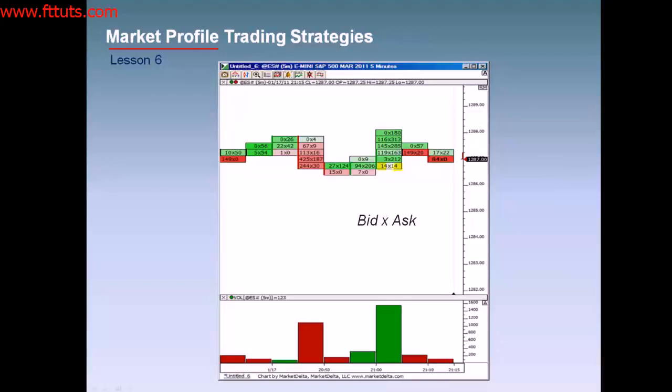So at each of these price levels, I have X-ray vision. I can take a look and tell you during this period of time, which was a 5-minute increment, how many contracts were sold at bid and how many were sold at ask. This is very helpful and very powerful information.